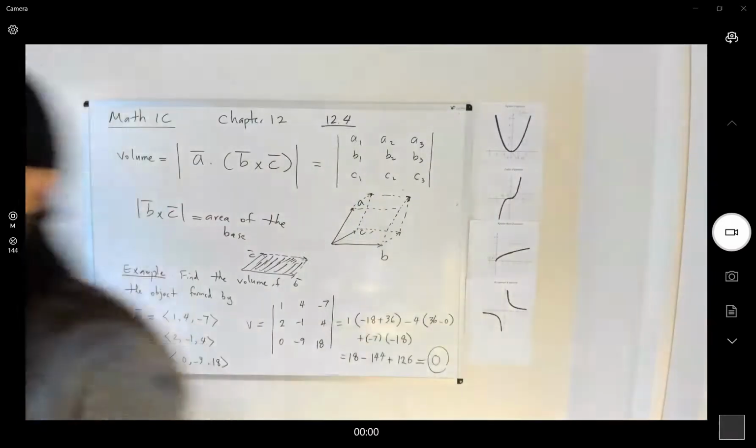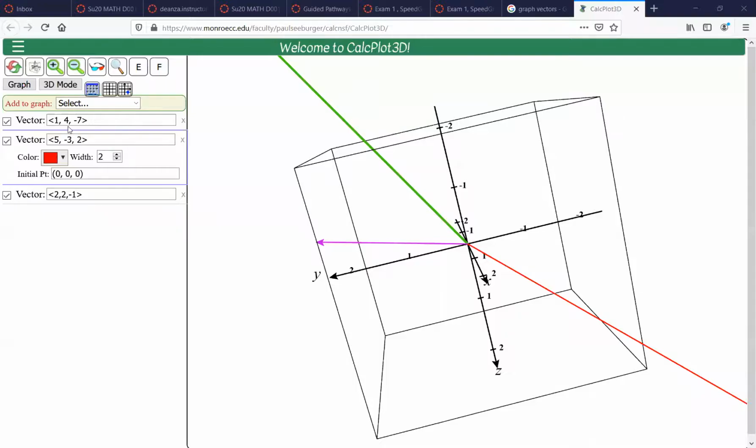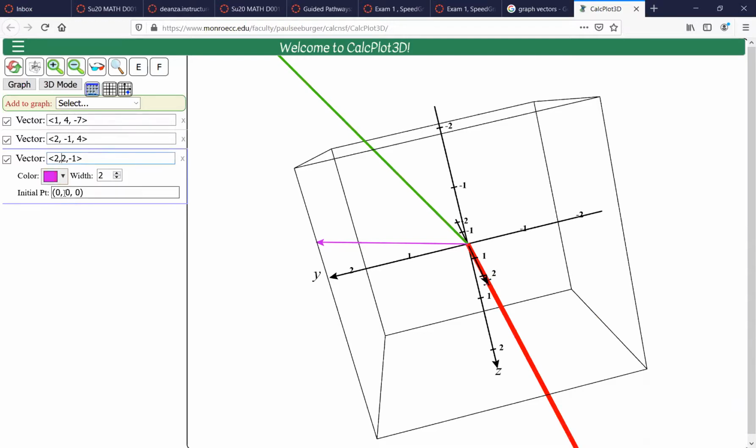Let's graph it together, see what's going on. So the first vector is (1, 4, -7). The second vector is (2, -1, 4). And your last vector is (0, -9, 18).